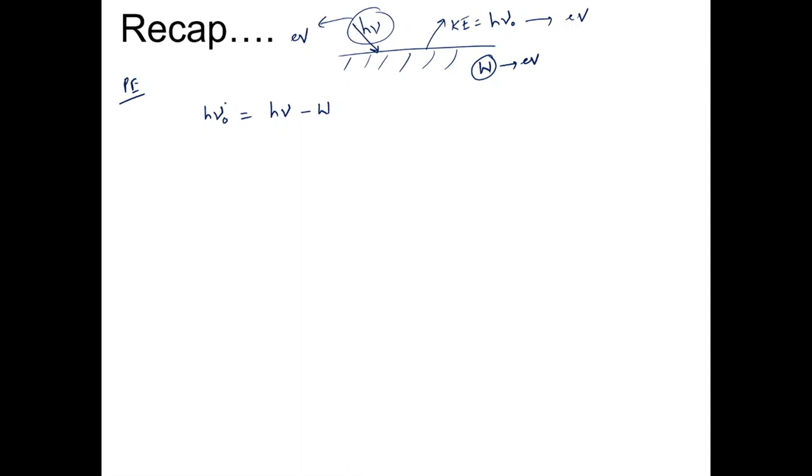You can also say that this kinetic energy is half m v square, where v is the electron velocity.